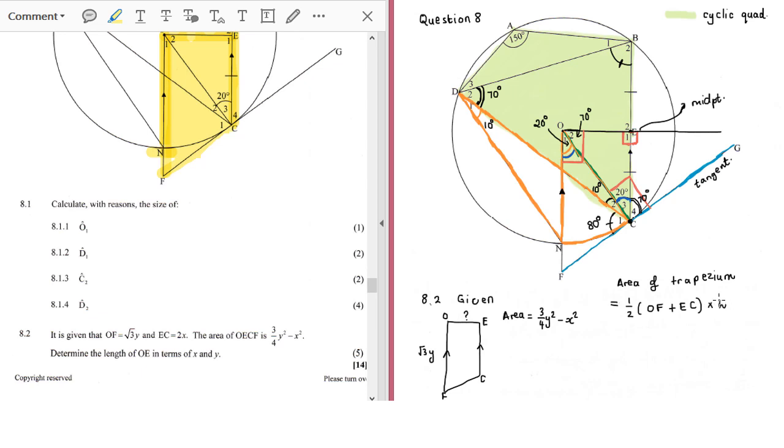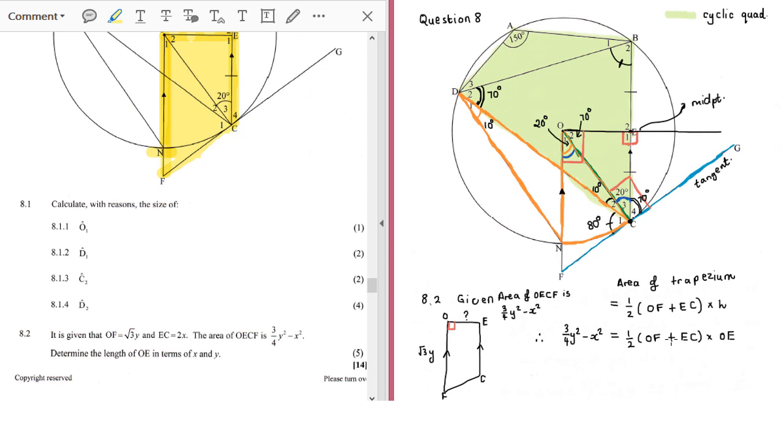What is going to be the perpendicular height over here? Well, if we go back to our original diagram, we know that we actually have a 90-degree angle here at angle O. So that perpendicular height is actually this length OE. So we can substitute that in. So this is half OF, which we are given, plus EC, which we are not given, times what we are looking for, OE. And we are given that this area is equal to exactly that. So I'm just going to move this over.